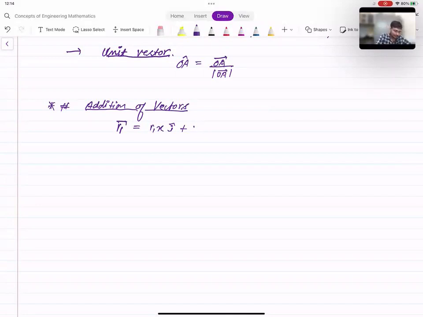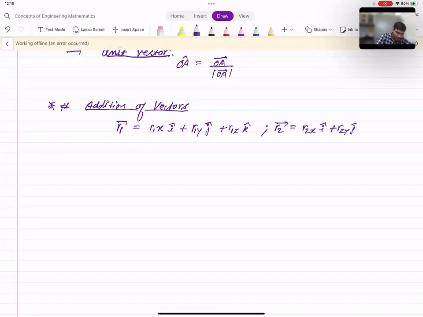So r1x i is the x component. Similarly say we have a vector r2. This will be nothing but r2x i cap plus r2y j cap plus r2z k cap.